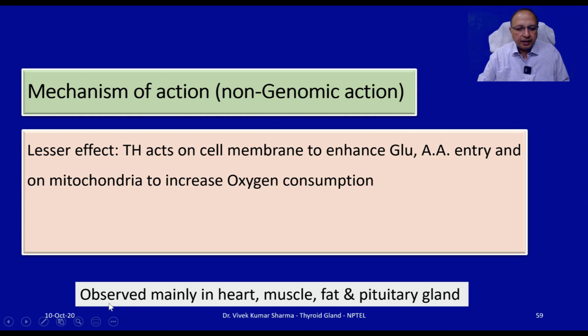These effects are primarily observed in the heart, muscles, fat, and the pituitary gland. But over here, T4 is equipotent to T3 in the non-genomic action as compared to the genomic action, where T3 is much more potent as compared to T4.